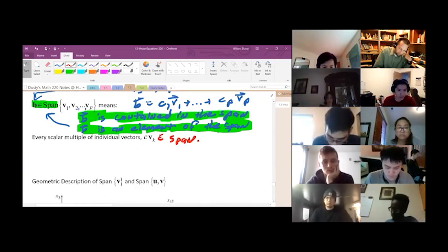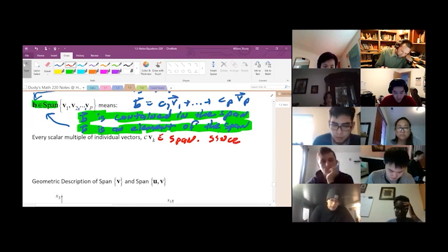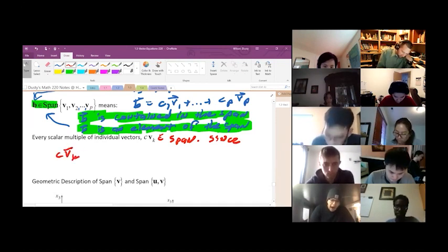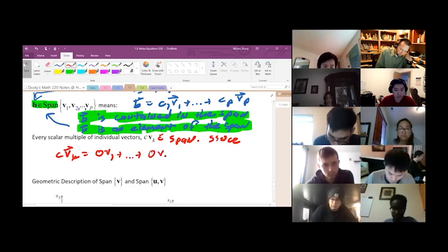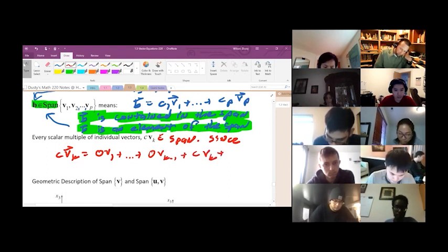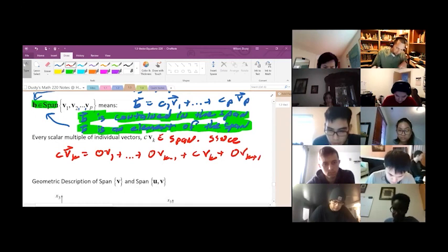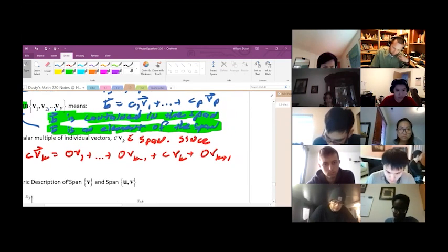And this is true since CVK equals 0V1 plus all the way to VK minus 1 plus CVK plus 0 VK plus 1 plus ... plus 0 VP.